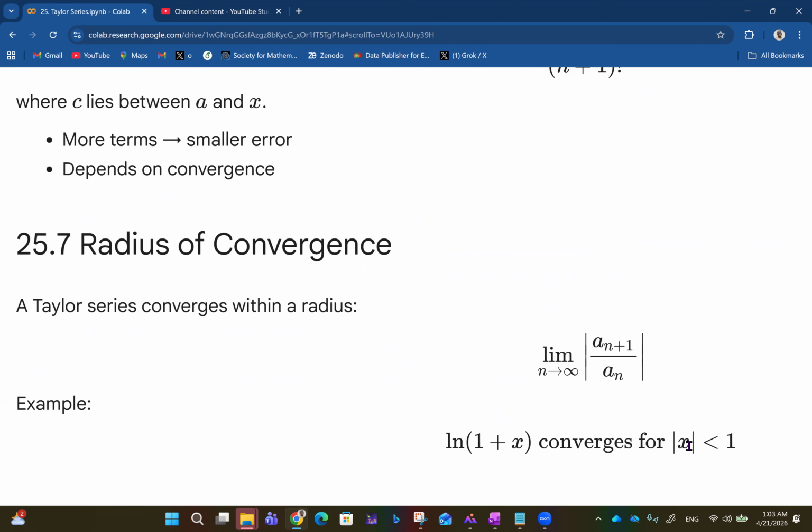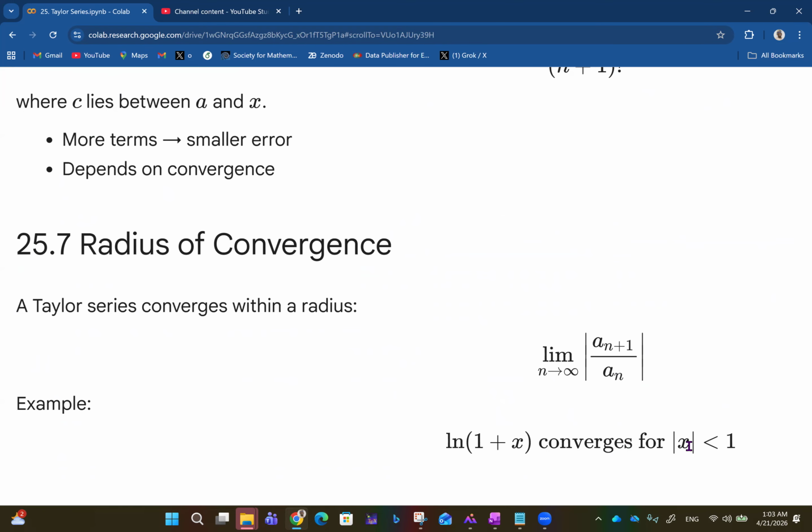So to find the radius of convergence for ln(1+x) that we just found, we remind ourselves of the expression. ln(1+x) is approximately the summation from n equals 1 to infinity of (-1)^(n+1) x^n all over n.